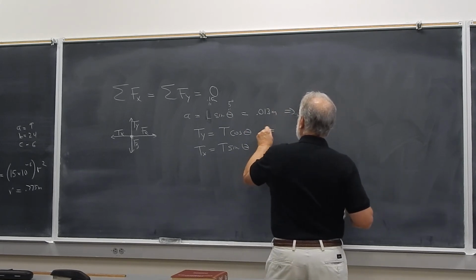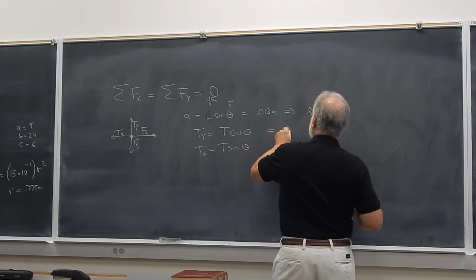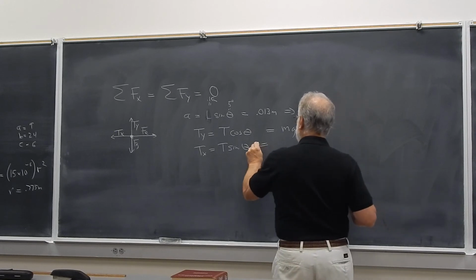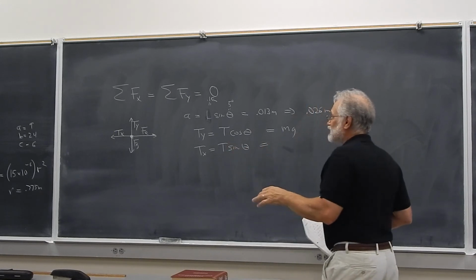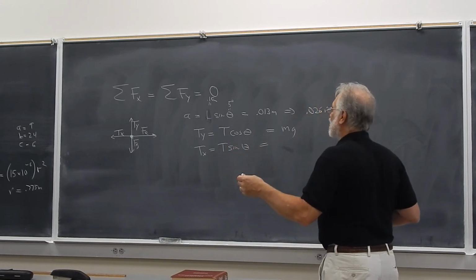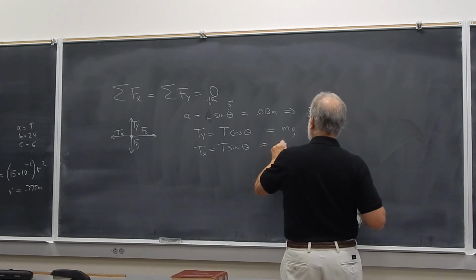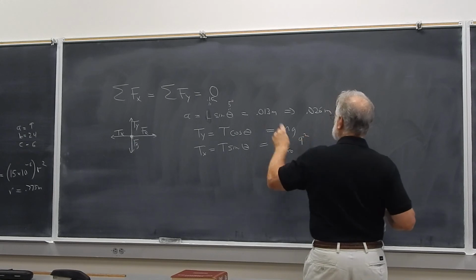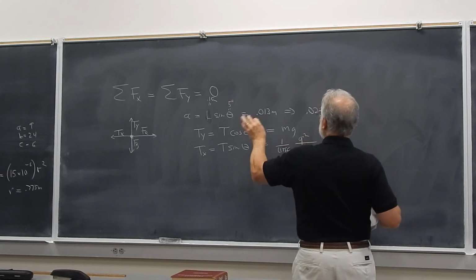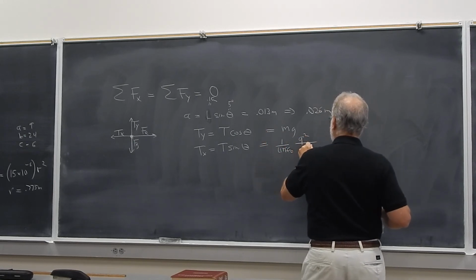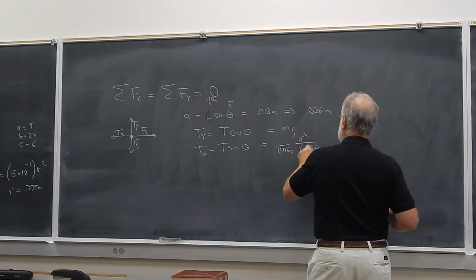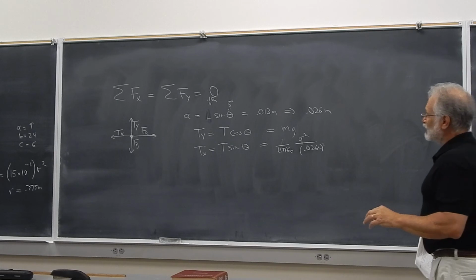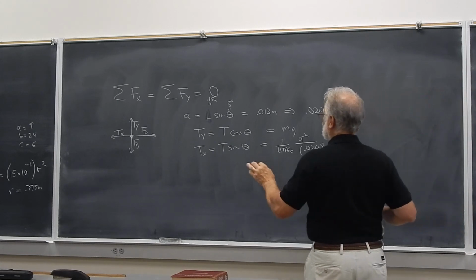T cosine theta would have to be equal to mg, the force of gravity in the y direction. T sine theta for the x direction would be equal to the electrostatic force between those two charges, which I can write as 1 over 4 pi epsilon naught q squared, each charge, divided by the distance between them squared, 0.026 meters squared. So I have two equations and two unknowns.